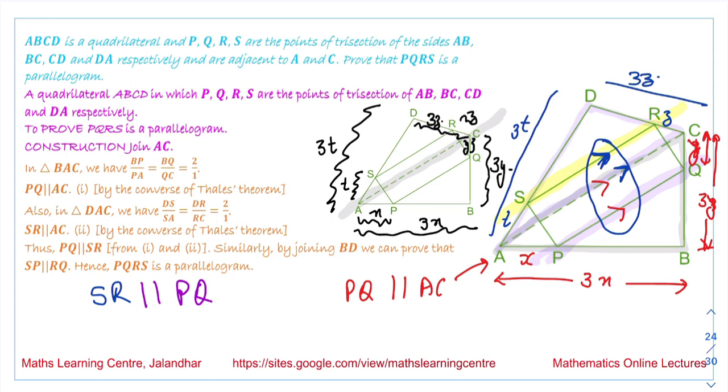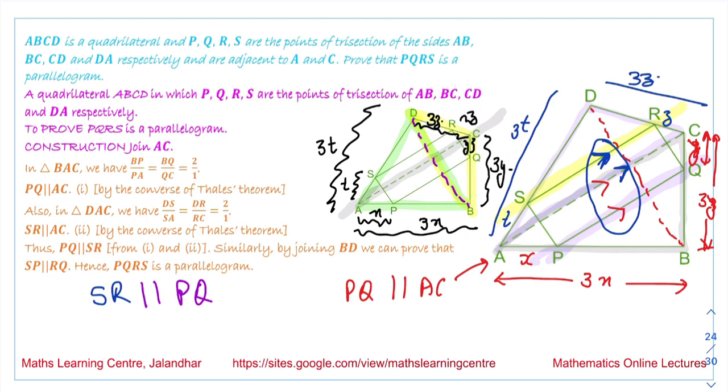Now similarly, if we do the construction that we join this point B and D, and we consider these two triangles. In the first figure I have joined these two points, and now I am considering the triangle BDC, and the second triangle is DAB. These two triangles we are considering.